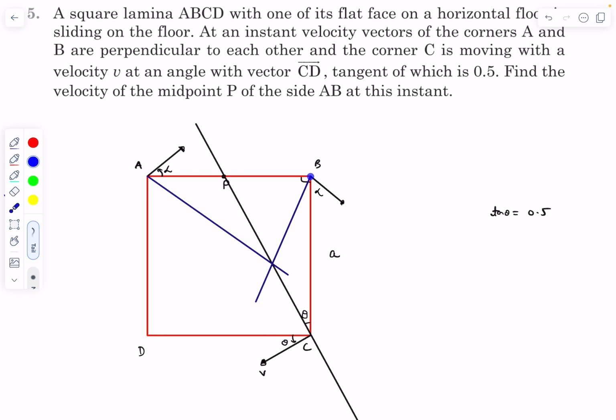Okay, so basically I drew perpendiculars to the velocity of B and the velocity of A, and we know that they should intersect along this line, because we know the instantaneous center of rotation lies on this line PC, which we drew initially, right? So from here we actually got the instantaneous center, and we also know that this angle must be 90 degrees.